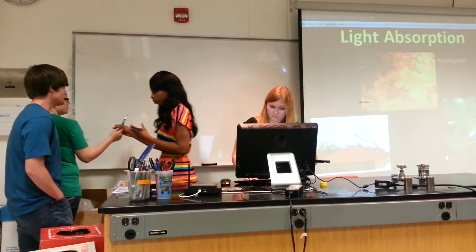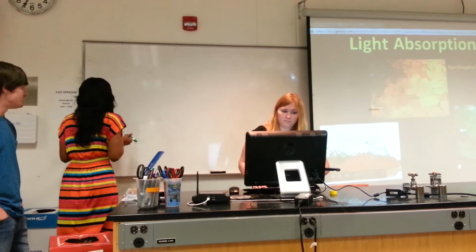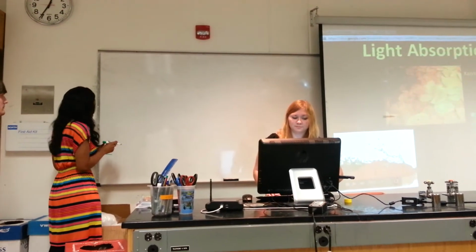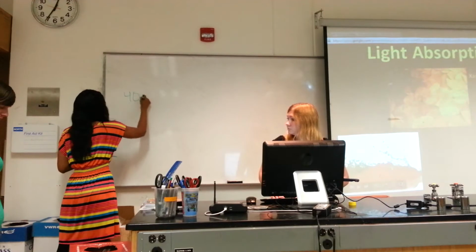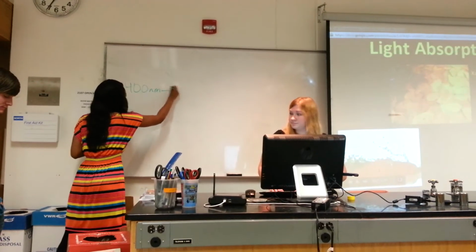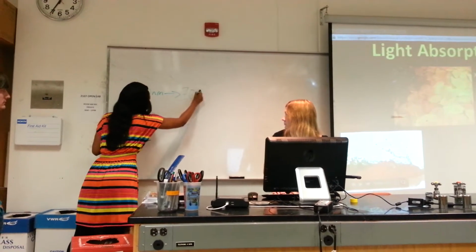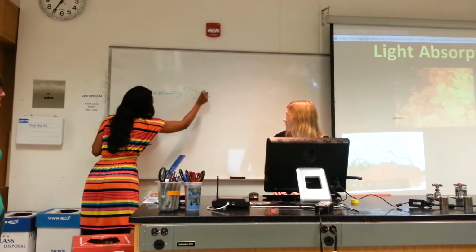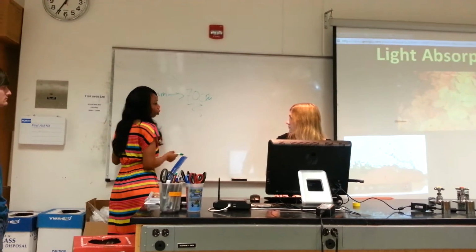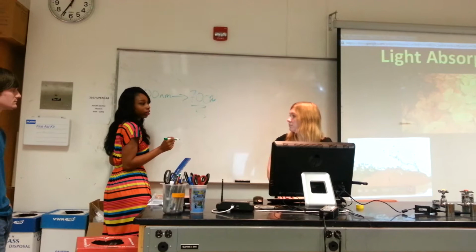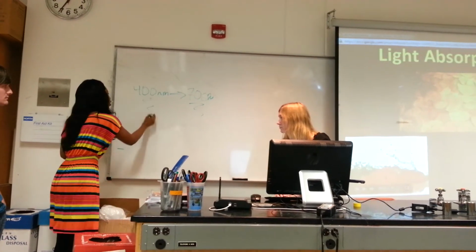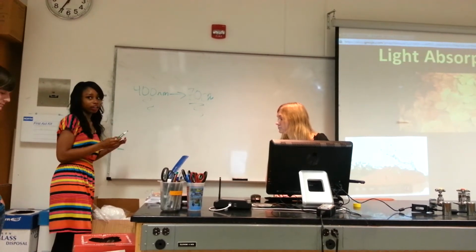Okay. Next I'm going to talk about the visible light spectrum. So the visible light spectrum ranges from 400 nanometers to approximately 700 nanometers. And 700 nanometers is your long wavelengths and your low energy. And then 400 nanometers are your short wavelengths and high energy.